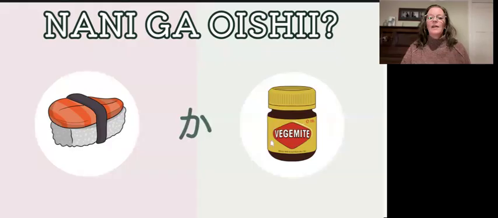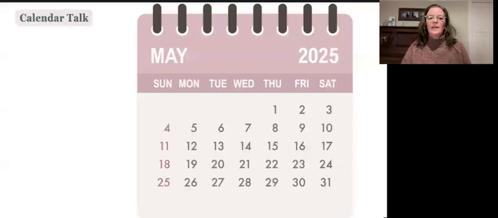So, Vegemite wa amai desu ka? Amakunai desu ka? So you're recycling from the previous one. Or sushi ga suki desu ka? Sushi wa oishii desu ka? So that's an example of this or that game.